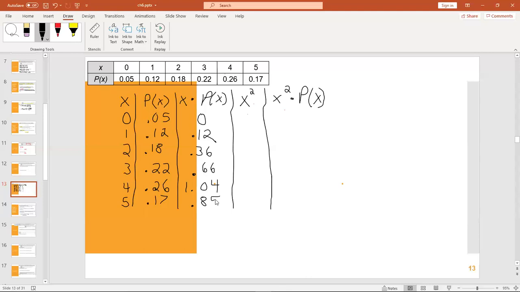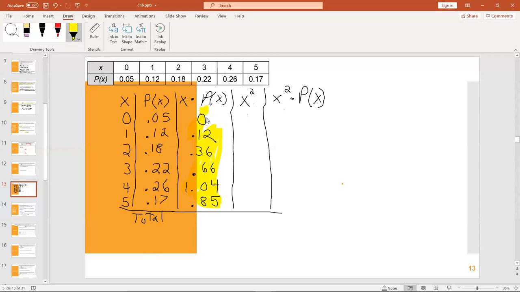And so then what we're going to do is find a total of all of those that I just found. So all of these values here, I am going to add those up.